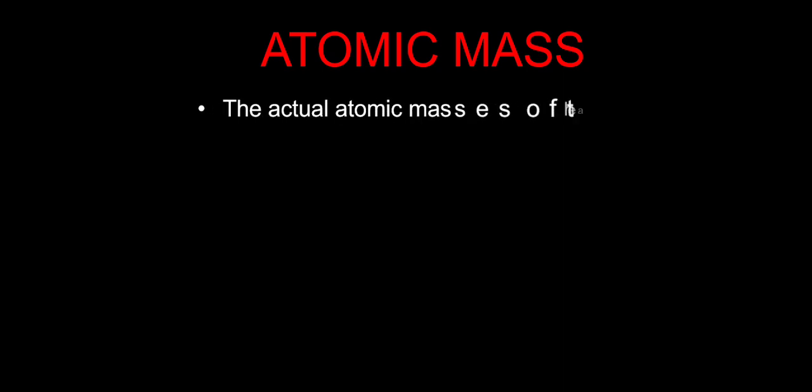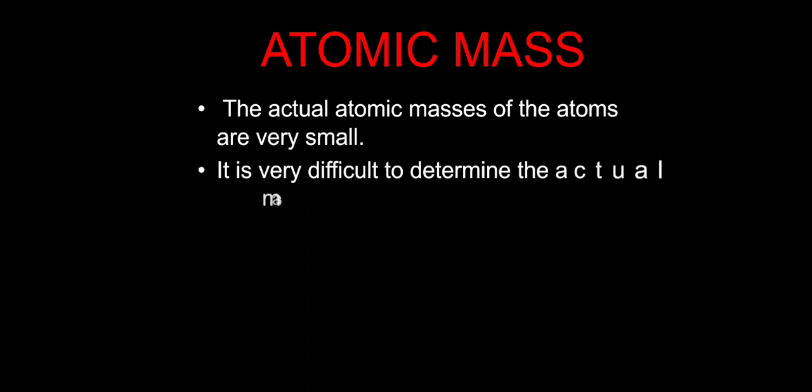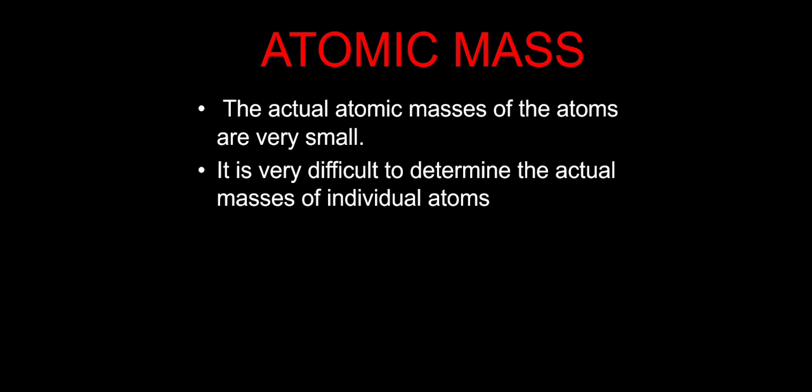Now remember that the atom is a very small particle. It is exceptionally small, and as a result, to calculate the absolute weight of an atom will be very difficult. So the actual measurements are made on a relative scale or a relative basis rather than an absolute basis.